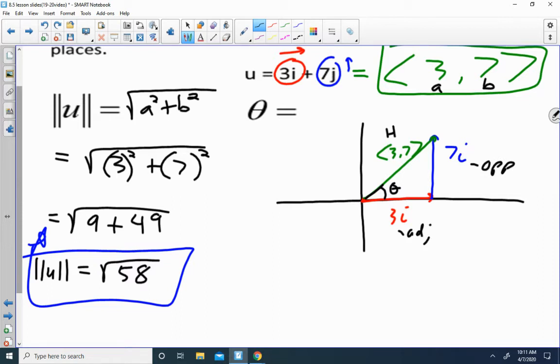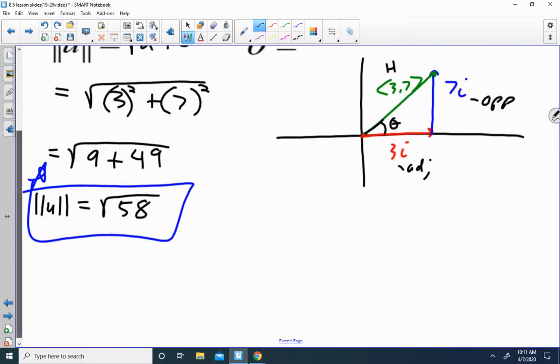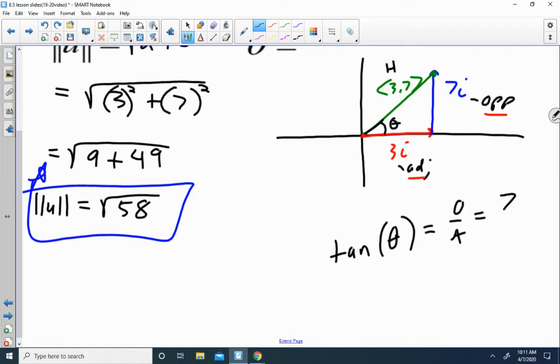Well, this is technically the hypotenuse side, but we do not have the length of that side. Well, technically we do, but we don't really need it right now. We can easily find the angle that we're looking for by using the opposite and the adjacent. So let's do that. So again, opposite over adjacent, that means you can use tangent. So tangent of theta equals opposite over adjacent, which is 7 over 3.